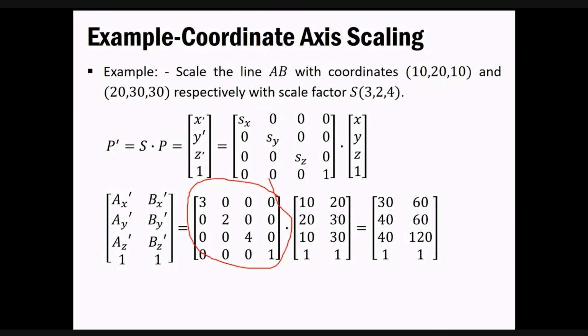Similarly we have the scale factors over here, and we just need to compute it by simple row and column multiplication. The resultant is already given to us: 30, 40, 41, 60, 60, 121.